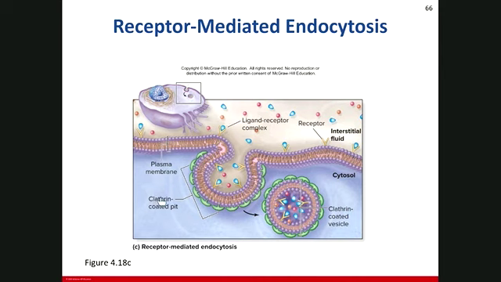The cholesterol is bound to a low-density lipoprotein in our blood, which we call LDL. And then this LDL can attach to the plasma membrane. It moves on the surface of the plasma membrane until it reaches this pit, the clathrin-coated pit, and then it can come inside the cell.